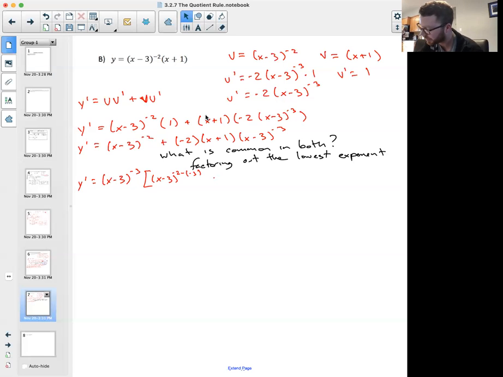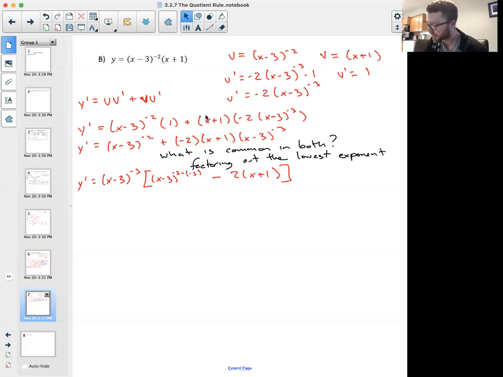And then over here on the other side of that, we'll have -2 is going to stay, and also x plus 1. So -2 times x plus 1. Okay.